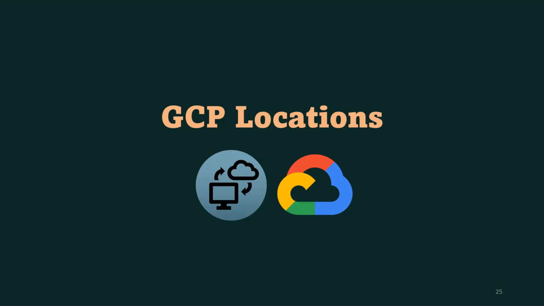So GCP locations, I have already given you some overview on the last day. If you remember, GCP locations is nothing but dividing the Google Cloud Platform's infrastructure into multiple locations, multiple regions or multiple zones. Why do we need to do this, sir? Each and every location or zone, a person can deploy their application nearby.